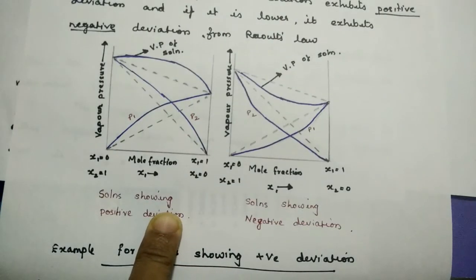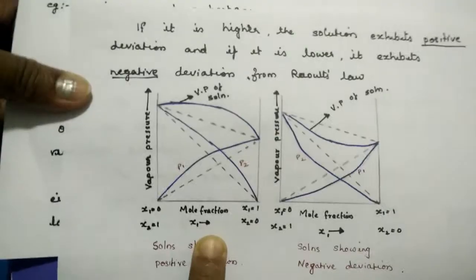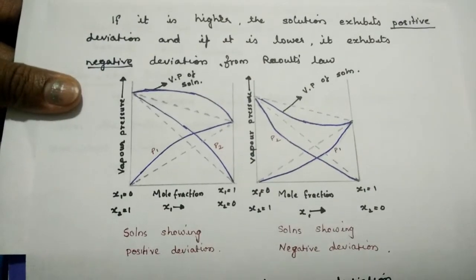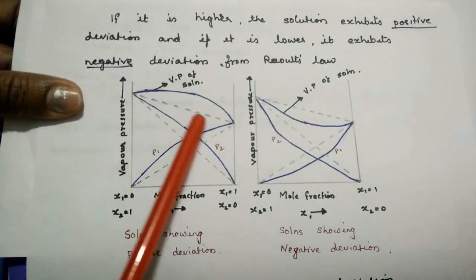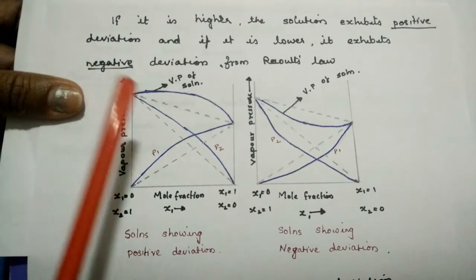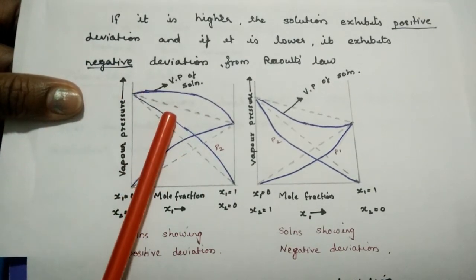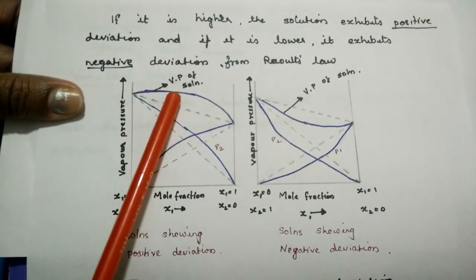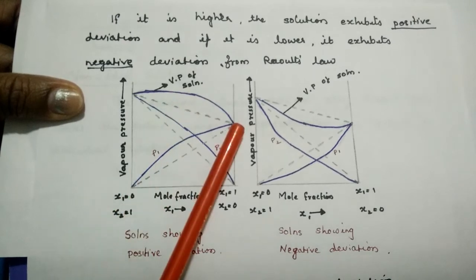And what will happen if they are not obeying Raoult's law? So this dotted line represents the ideal solution, and this one is the P1 plus P2 graph.